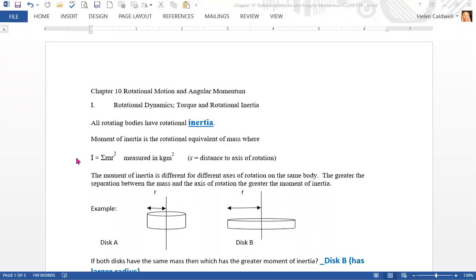All right, so the moment of inertia in general form is always symbolized by capital I, and it is equal to the sum of mr squared, where m is the mass, and r is the distance that mass is from the axis of rotation. So you can have an object and rotate it in different ways.